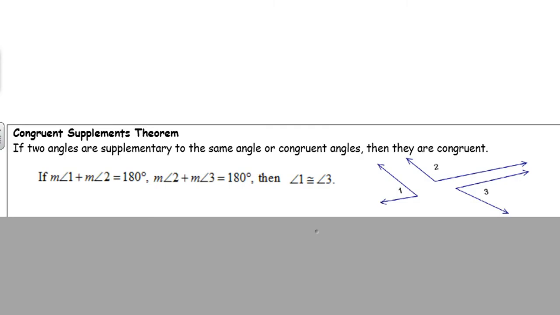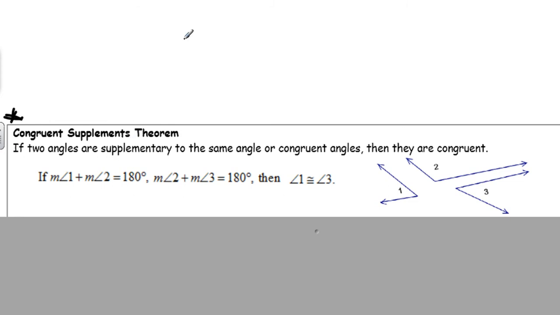All right, the next theorem that we're going to add to your reason bank is the Congruent Supplements theorem. It's just like the right angle congruence theorem, and it just says that if two angles are supplementary to the same angle or congruent angles, then they're congruent. So you're going to see a series of steps here.